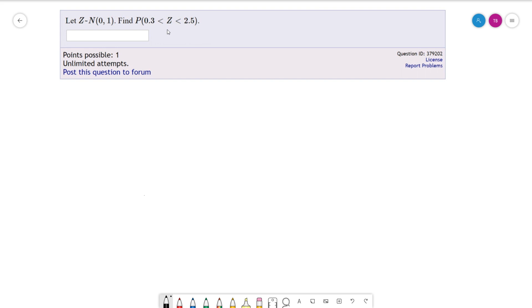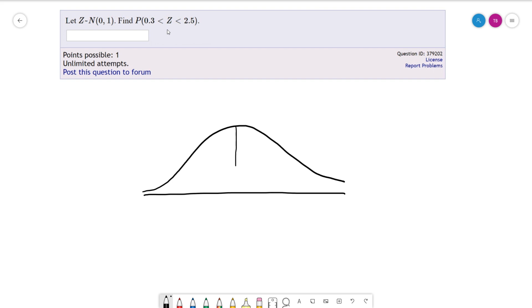So let's draw it out. We have a bell curve with mean 0. And since we want to find the probability that Z is between 0.3 and 2.5, we want to find the area under the curve between 0.3 and 2.5.